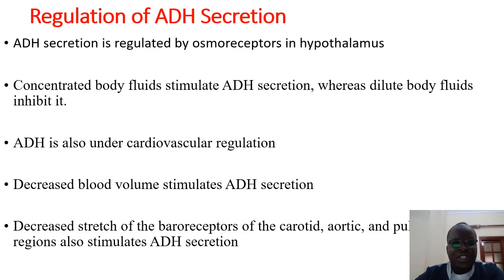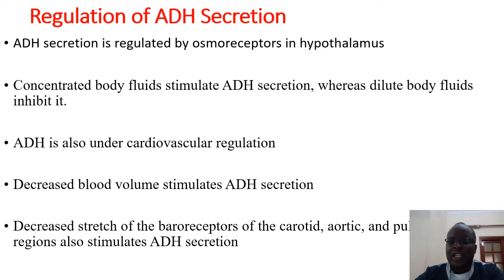Concentrated body fluids stimulate ADH secretion. The concentrated body fluid is going to stimulate ADH secretion because if the body fluids are concentrated, it means that the osmolality has increased. The concentration of these dissolved substances in solution has increased, and that is going to stimulate ADH secretion.